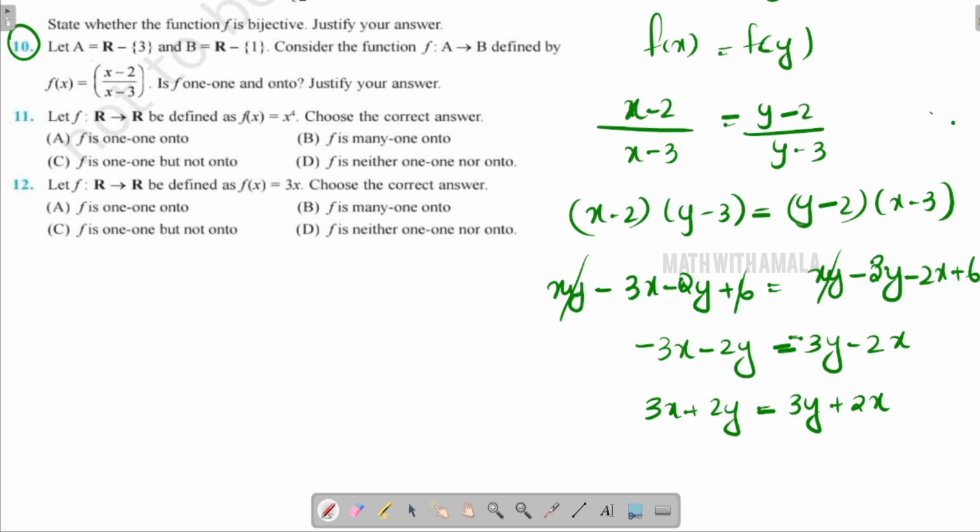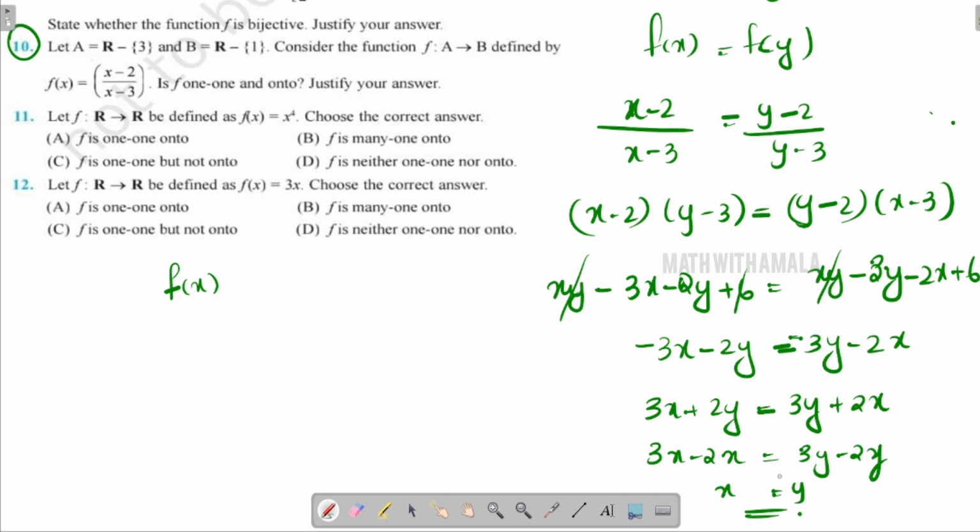Now you can cancel the negatives: 3x plus 2y is equal to 3y plus 2x. Now group the x terms together and y terms together. You will get 3x minus 2x is equal to 3y minus 2y, that implies x equal to y. This implies this function is one-one.